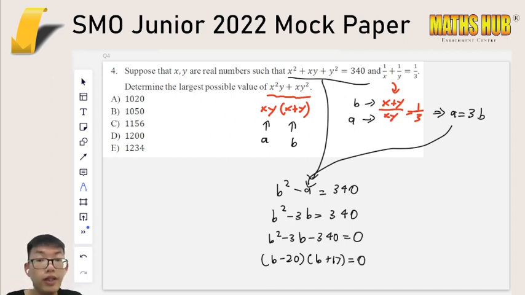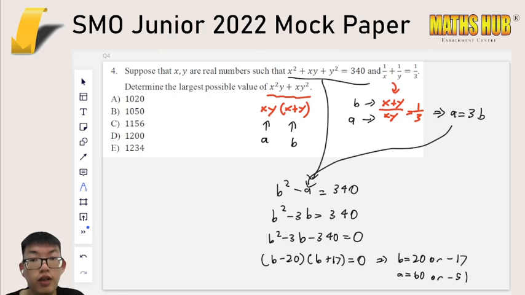So b can be 20 or negative 17. a would be 3 times this. And so you have two possibilities for the largest value of a times b, but the nicer one turns out to be larger. That's convenient for us since we don't need to do any frustrating multiplication. 20 times 60 is 1200, which will be our answer.